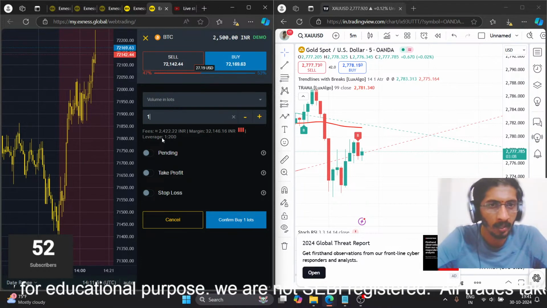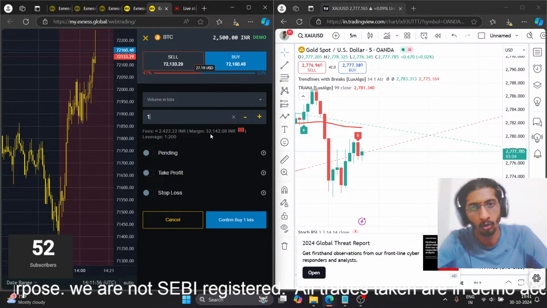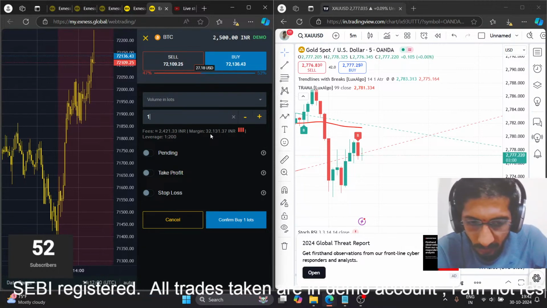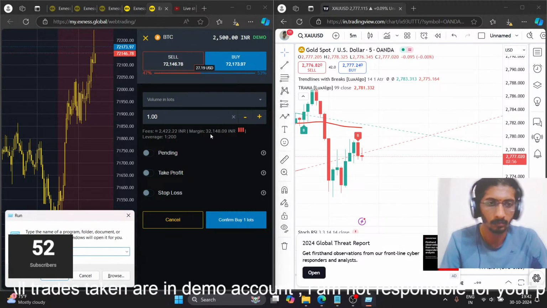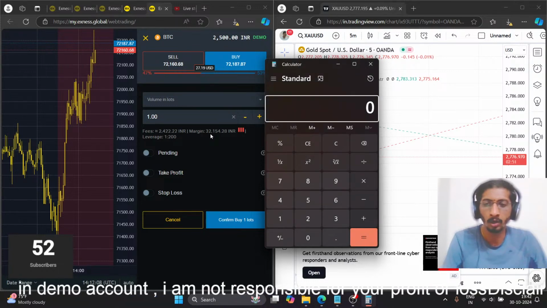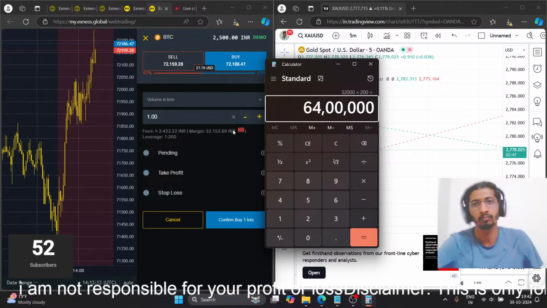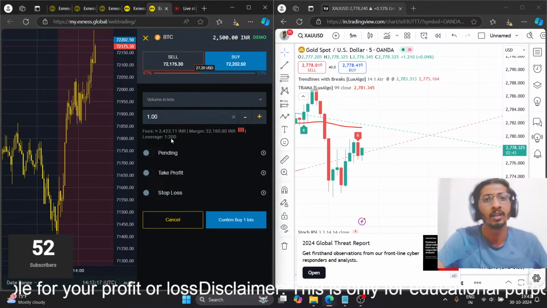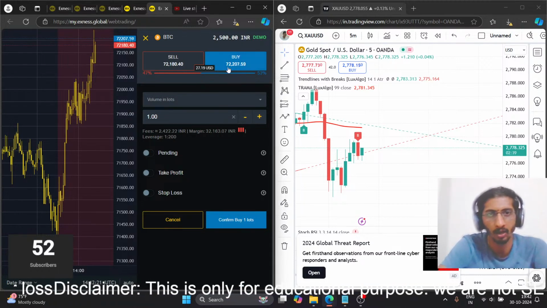If you keep the leverage as 1 is to 1, you will need 32,000 into 200. Let's just calculate. To buy one lot, I will need 32,000 into 200. Only if I have 64 lakhs will I be able to buy one lot of gold. But with this leverage, I'll be able to buy one lot with just 32,000 in my account.